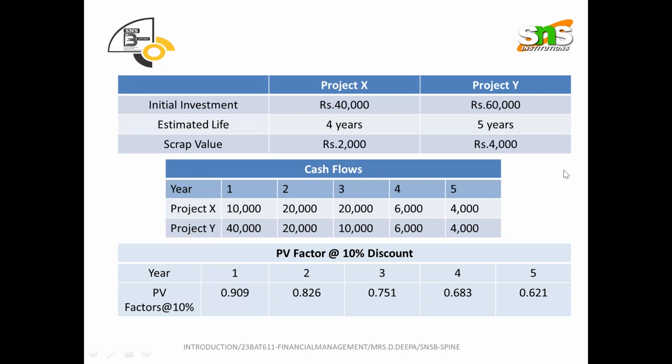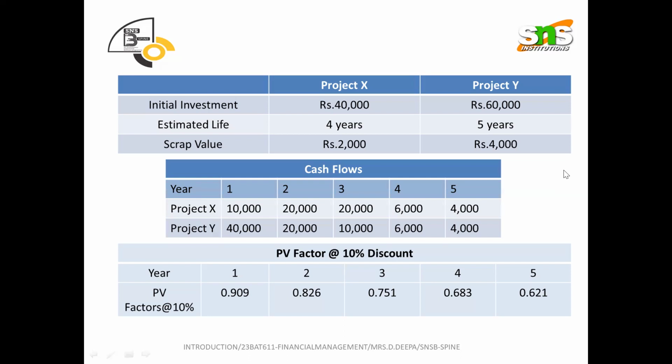Since here it is 10%, we can represent that as 0.10. So 1 divided by (1 plus 0.10), obviously that is 1.10. Am I right? So 1.10 power 1, since it is for year 1. 1 divided by 1.1, you will get 0.909.